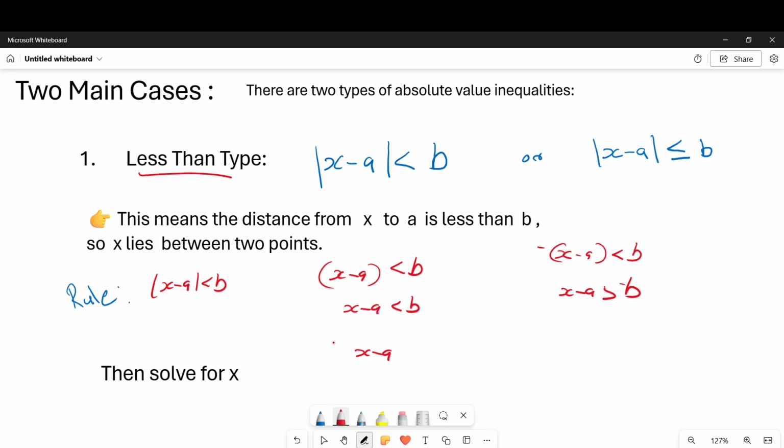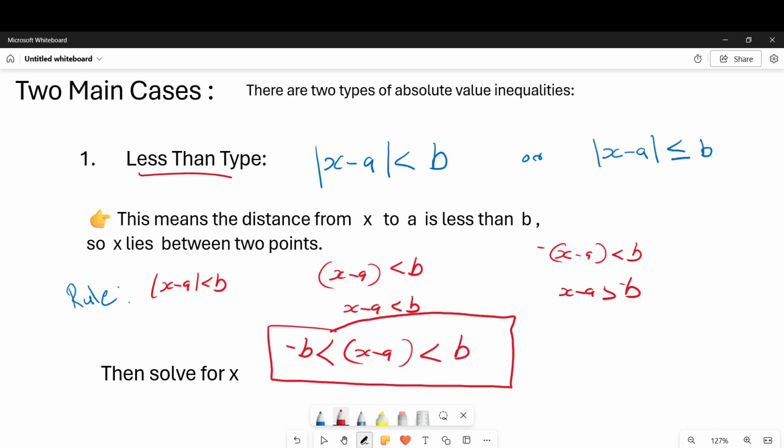So x minus a lies between minus b and b. This is how we then solve for x. So this is how the rule is applied when we have a less than or equal to.